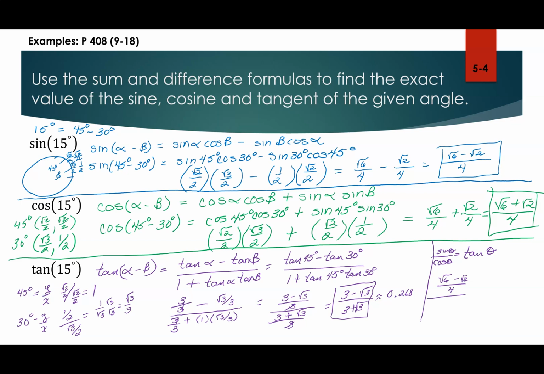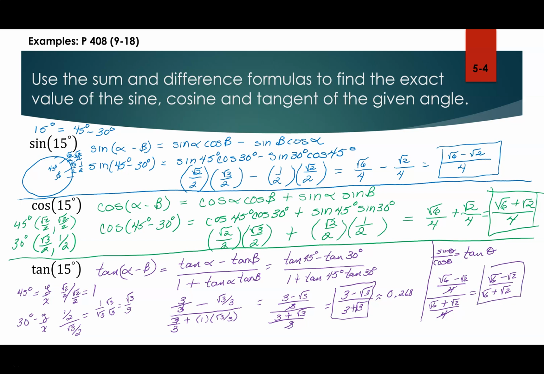And then I already found cosine, which was root 6 plus root 2 over 4. If the 4's cancel, then my final answer is root 6 minus root 2 over root 6 plus root 2. And since it's so complex with the radicals, we don't have to rationalize that fraction.